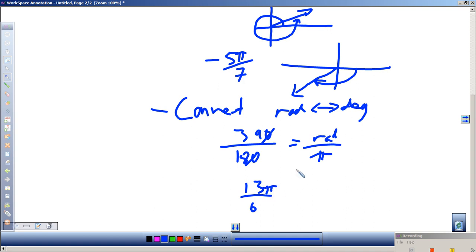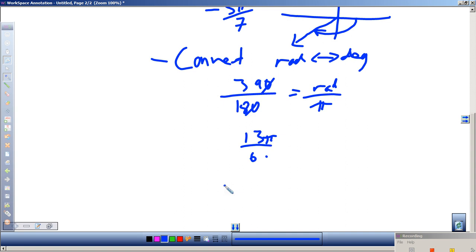Yeah? Did you want to go from radians to degrees? Yeah. So 5 pi over 7. I have that right there. 5 pi over 7. So degrees over 180 equals 5 pi over 7 over pi.